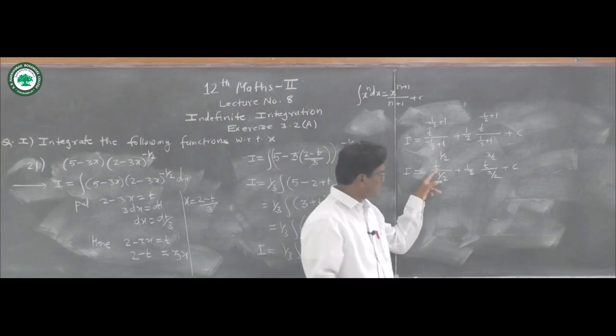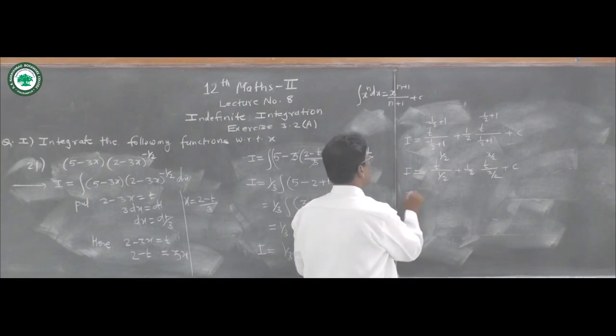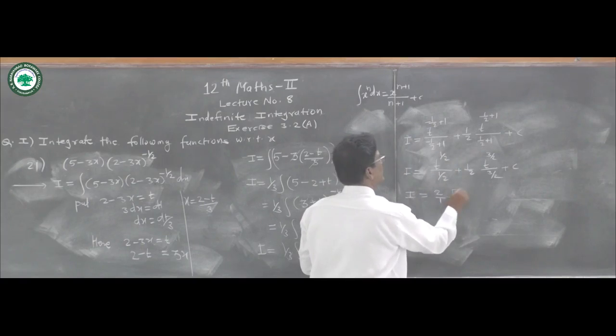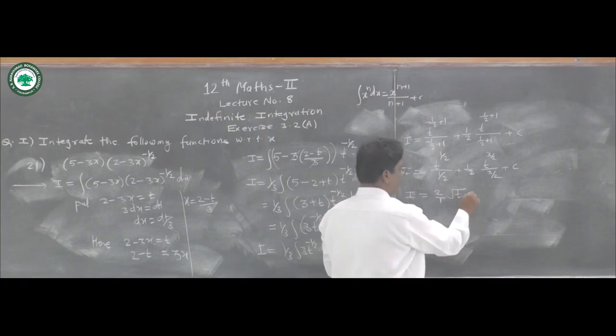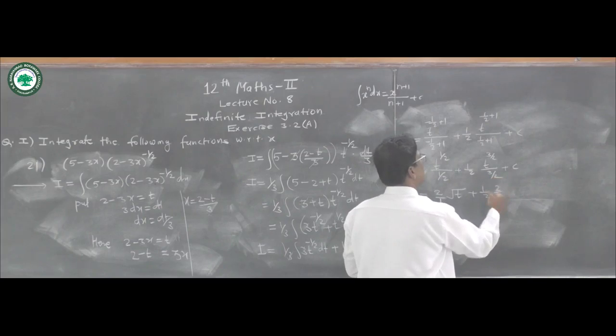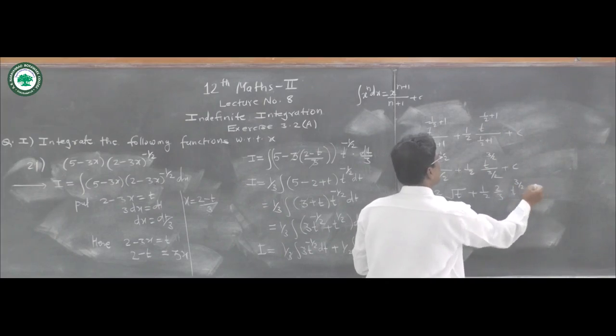Now we write this 1/2 in terms of multiplication, and so I is equal to, we write this as 2 upon 1 and t to the power half we write as root of t, plus this 1/3 and this 3/2 as 2 upon 3 and t to the power 3/2, plus constant of integration.